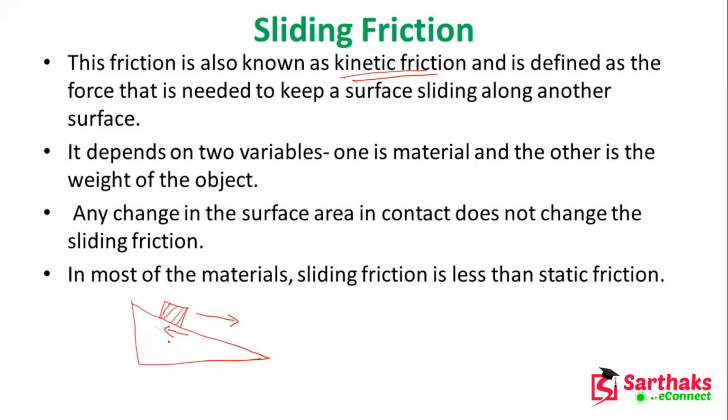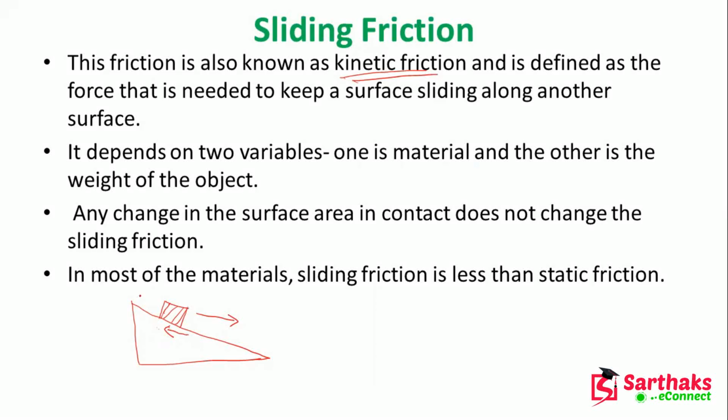Now this sliding friction, sometimes we call the kinetic friction, is defined as the force needed to keep the surface sliding along another surface. This is the other surface, the inclined plane, and this is the first surface, meaning the surface of the block which is in contact with the inclined plane.